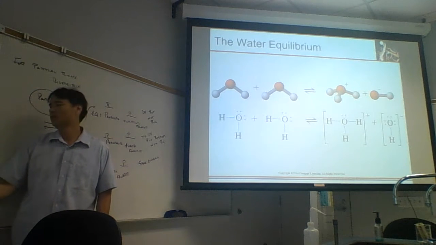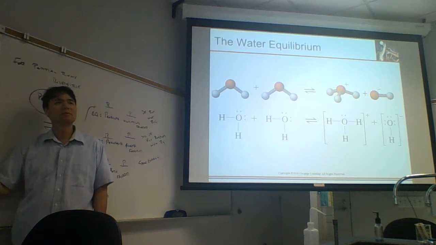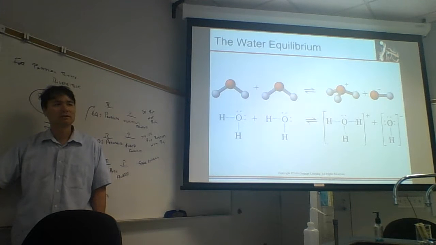If I had 1 billion water molecules, about how many are capable of reacting to form hydronium and hydroxide? Was it like 3? Close. Very close. I didn't say 3. Is that what you have in your notes? No, that's what I thought.